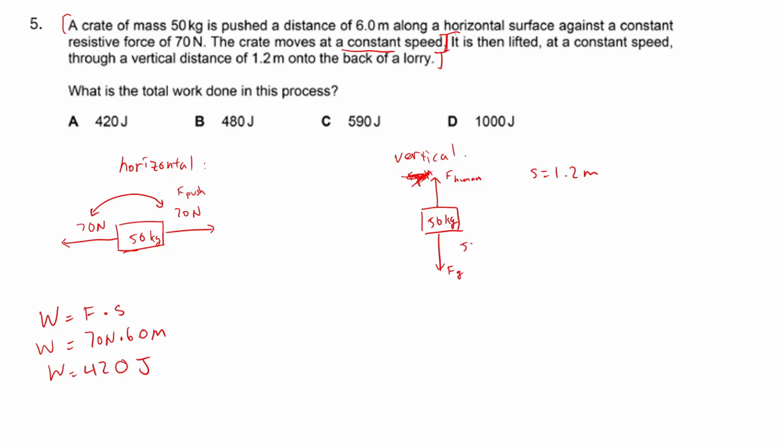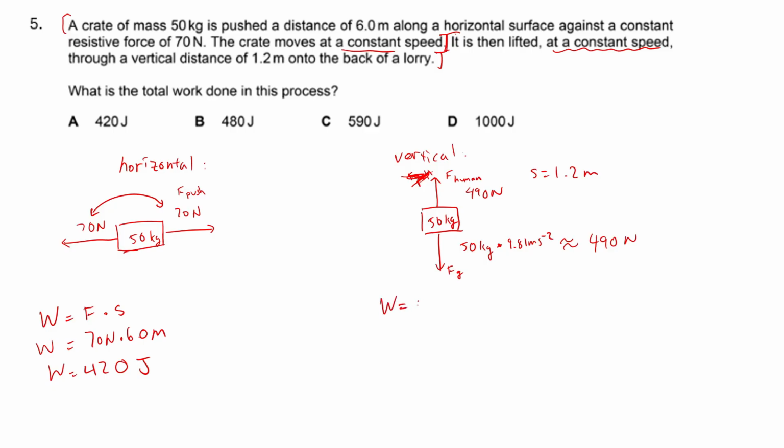Fg can be calculated by mass times gravity, and this is about 490 newtons. So that means that it is being lifted up with also 490 newtons, because as it says here, we are lifting at a constant speed, which means that the resultant force is 0.